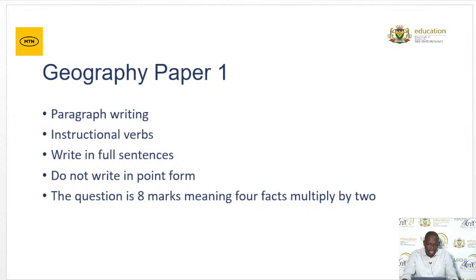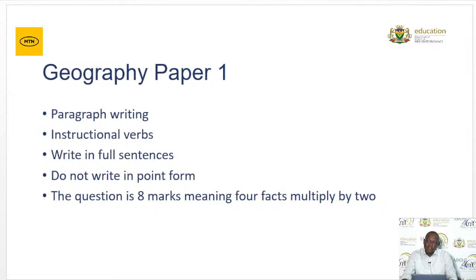The question is 8 marks, meaning 4 facts multiplied by 2. So we need only 4 facts there, and then we multiply that by 2, and it's going to be 8. So grade 12s, let's make sure that we look at the mark allocation for each and every question, not only for this paragraph question, but for the whole paper.